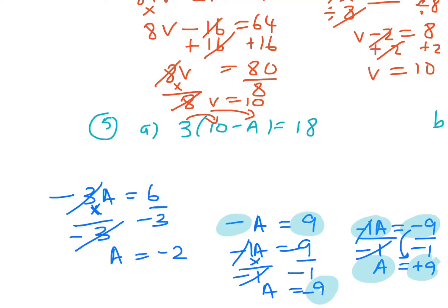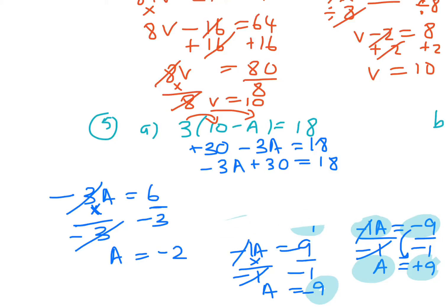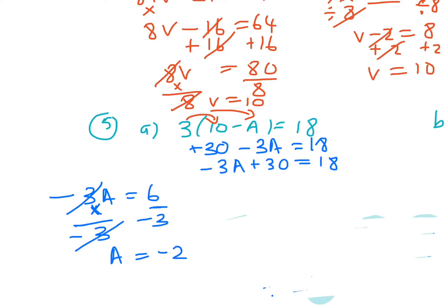Okay, so let's do this. Expanding the bracket, 3 times 10 is 30. 3 times a is minus 3a equals 18. This is like having minus 3a plus 30 equals 18. So now when you go to solve that, the 30 was like the last thing that you did, and it's the thing furthest away from the a.